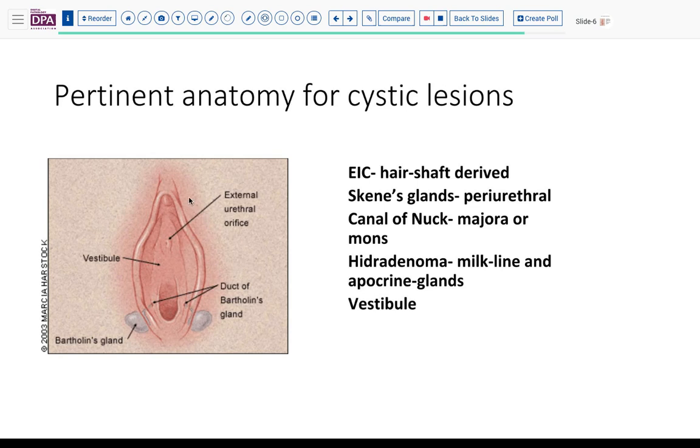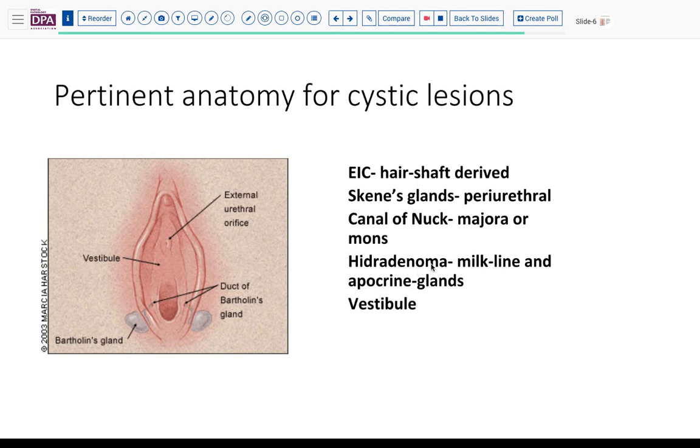Skene's glands are primarily located around the external urethral area, and so these will be anterior for the most part in the vulva. The canal of Nuck, as you may recall, runs along with the round ligament. Again, it would be more lateral and associated with the erectile structures and is associated with the labia majora.